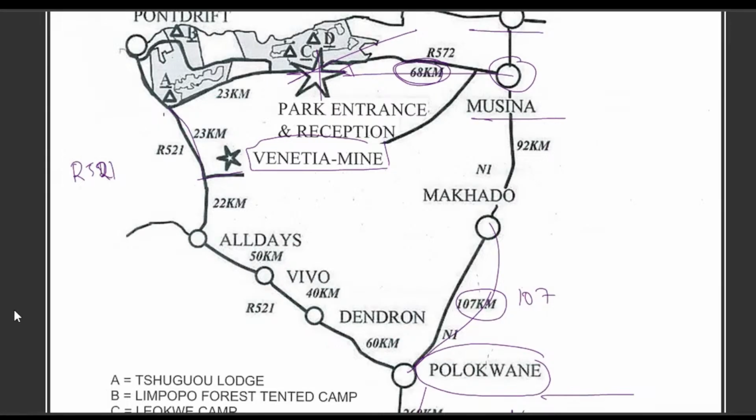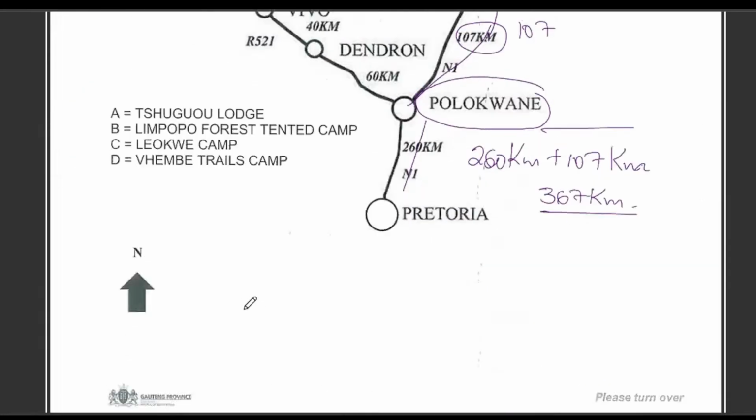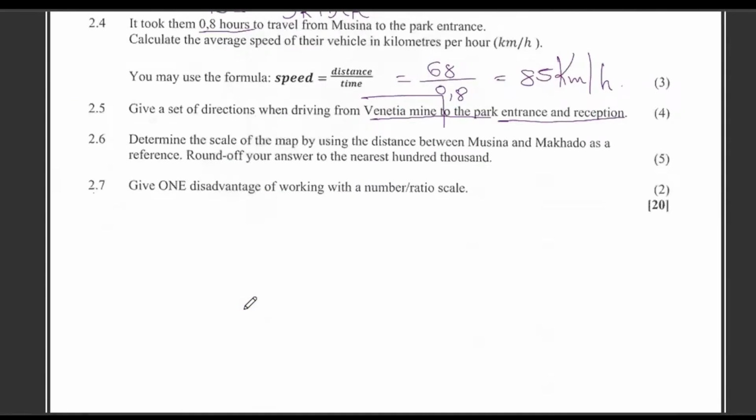Travel 23 kilometers on R521, then turn right onto R72, drive for 25 kilometers, and the destination will be on your left. You understand? They are telling us you're supposed to give directions, and here you are supposed to mention what to do on that road.